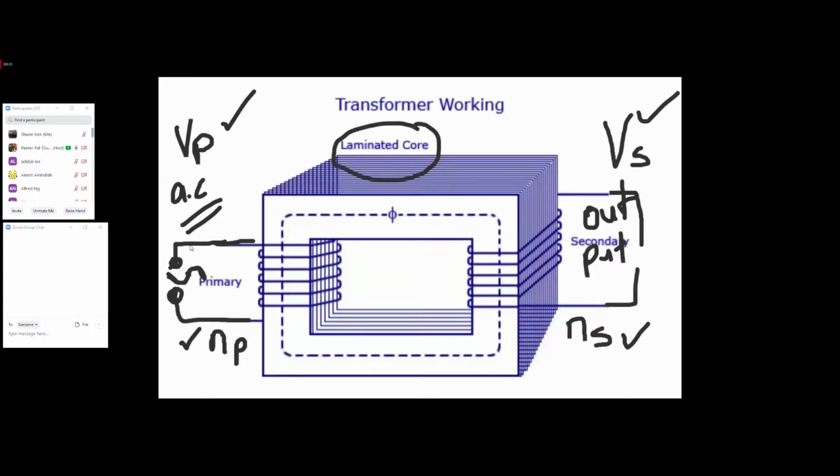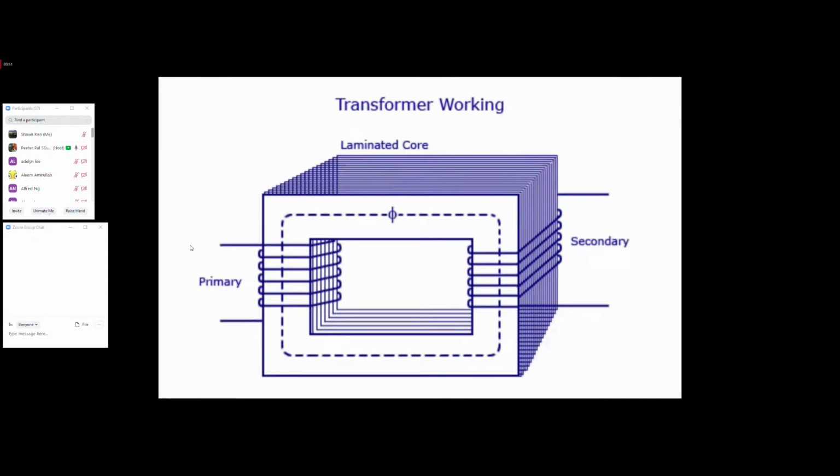The core is soft iron, but to build a transformer, it must be laminated: thin layers that are insulated. Okay, done with this.